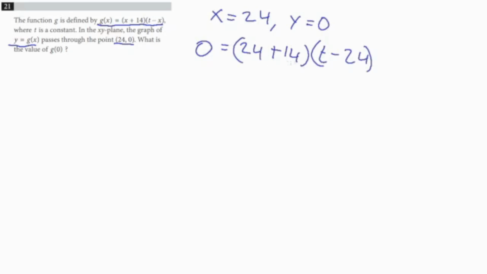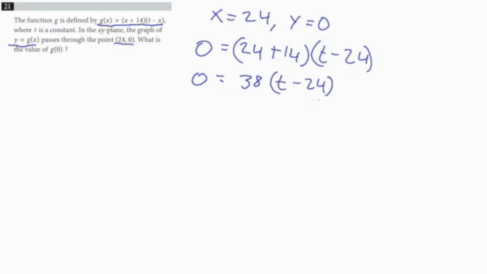Now this is a pretty standard equation, and we can just solve for t. That's going to be 24 plus 14, which is 38, and then times t minus 24. We'll just leave it like that for now.